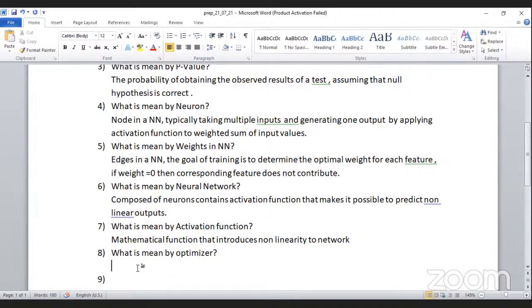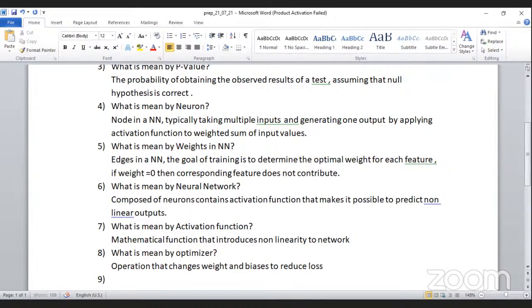So an optimizer is nothing but an operation that changes weights and biases to reduce loss.